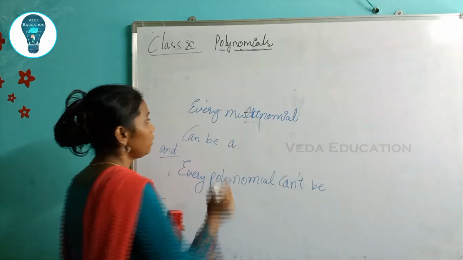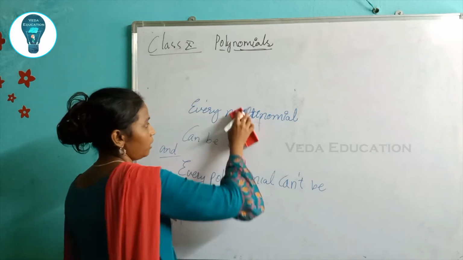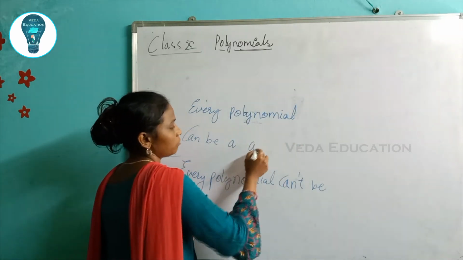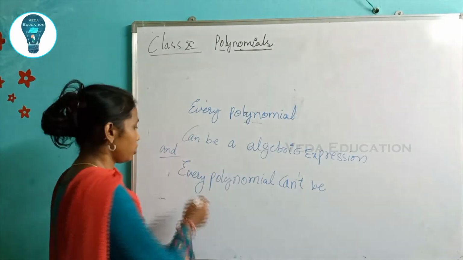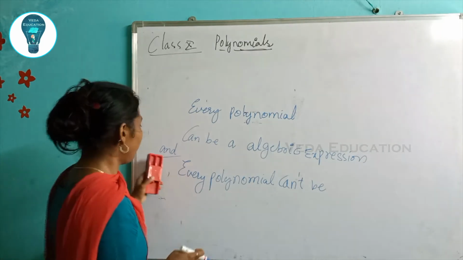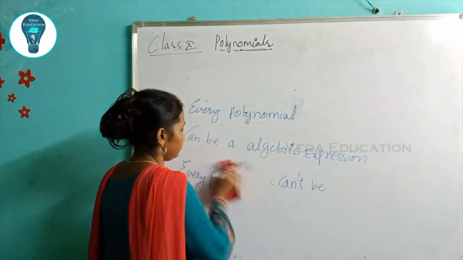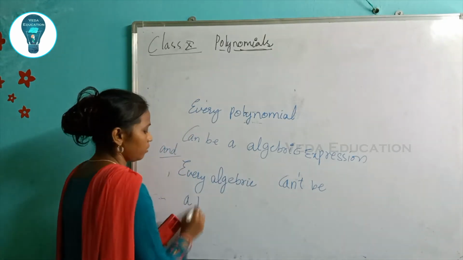One more statement here: every polynomial can be an algebraic expression, but every algebraic expression cannot be a polynomial.